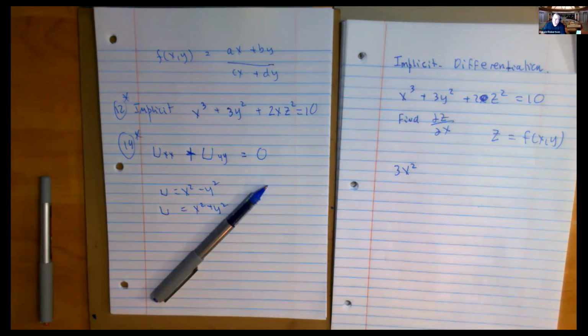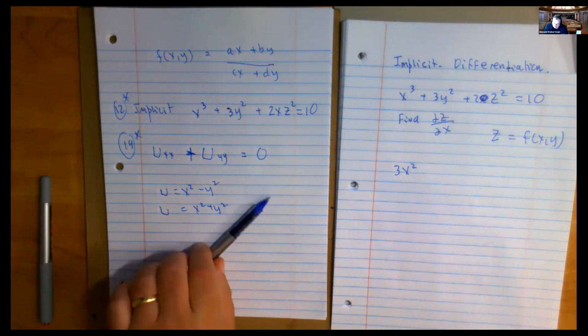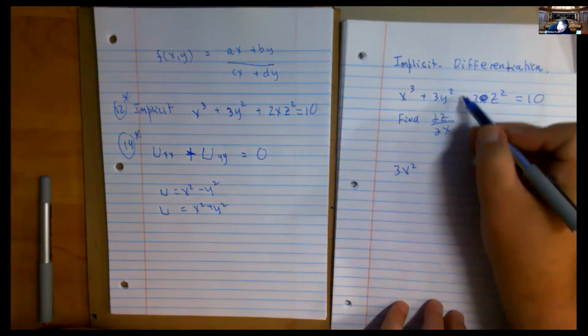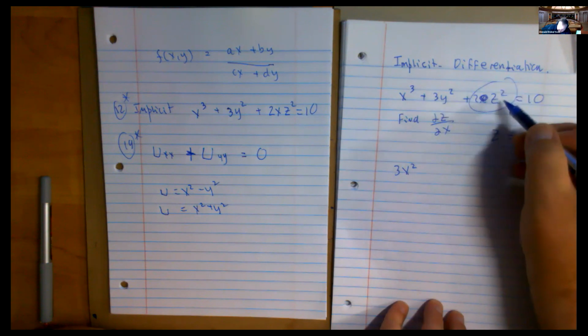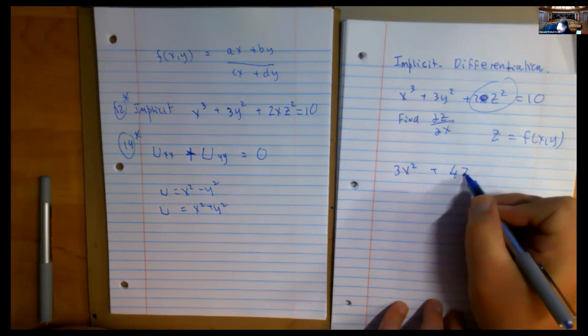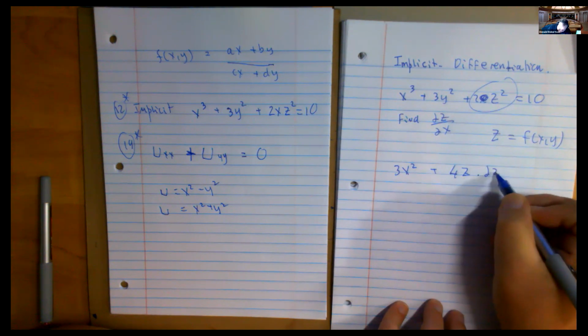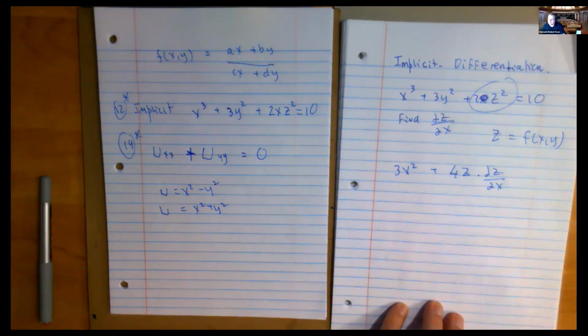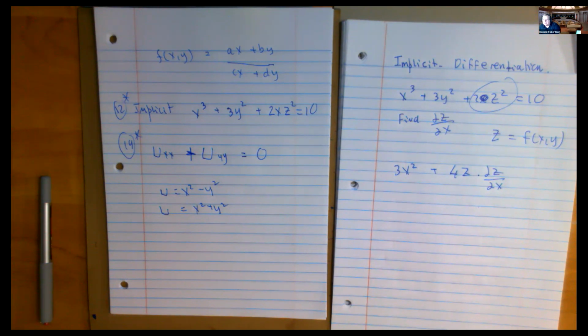Y cubed would get you 3y squared dy by dx. You know, y squared would get you 2y times dy by dx. Think of that the same way. If you differentiate this with respect to x, you will get 4z times dz by dx. Does that make sense? It's exactly the same kind of process that you used way back in the day, right?